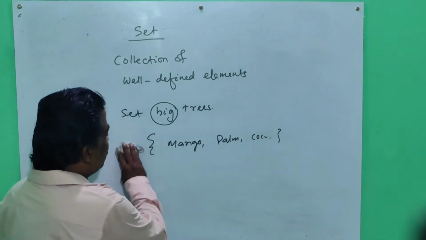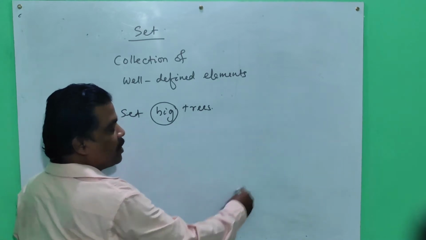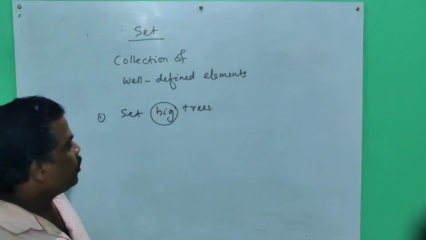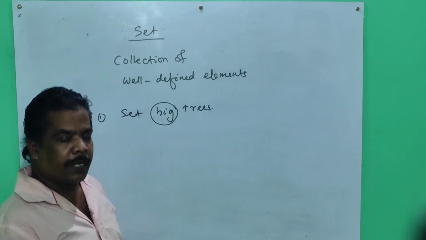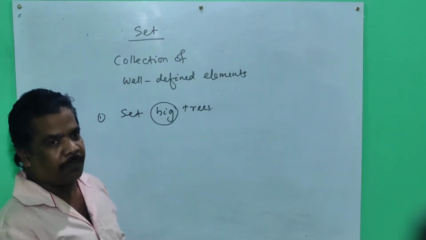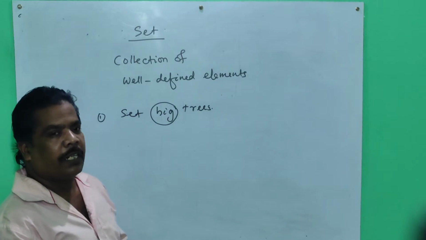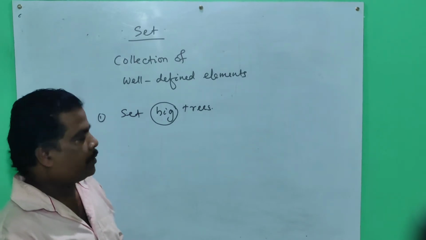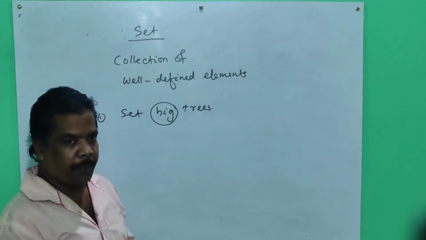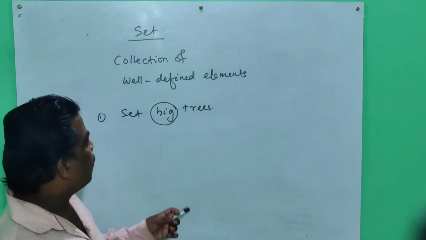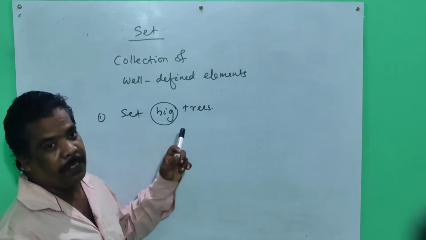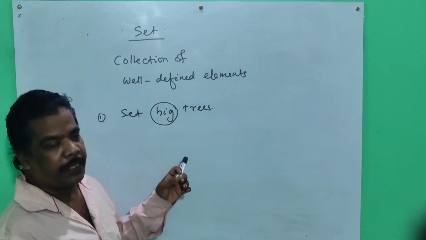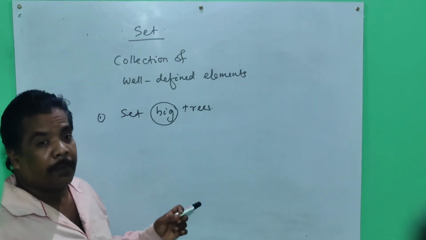As the word big is not well defined, and the word small is not well defined, the set of big trees, the set of small trees, the set of intelligent students are not sets. If we cannot determine the elements, then it is not a set, because the word is not well defined.